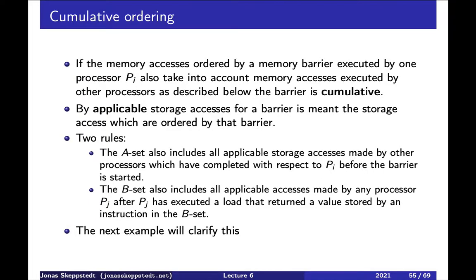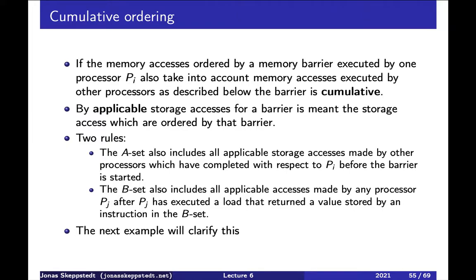There is something called cumulative ordering, and it means that a certain memory barrier instruction executed by a certain CPU also takes the A and B sets of other instructions into account.